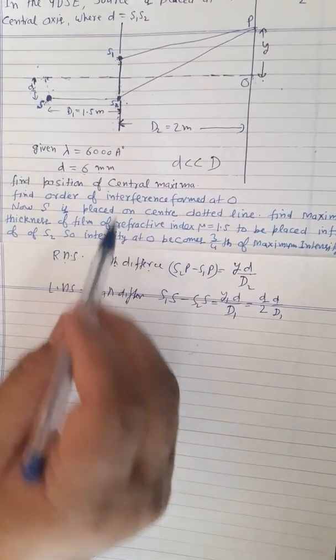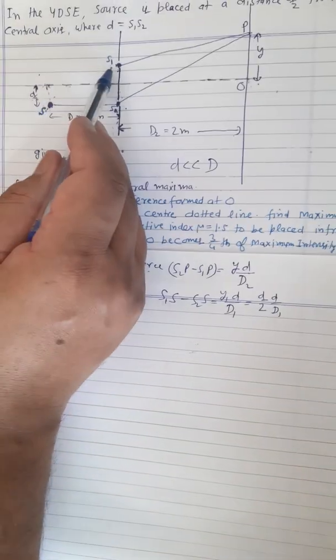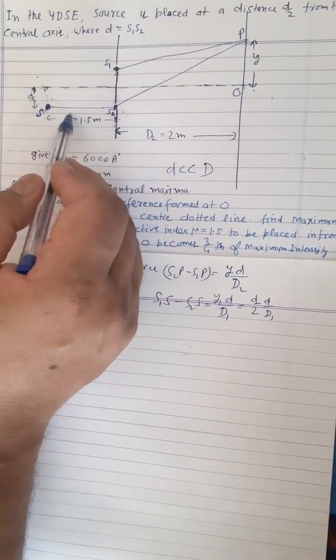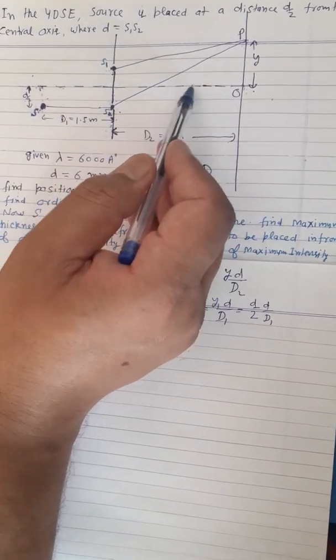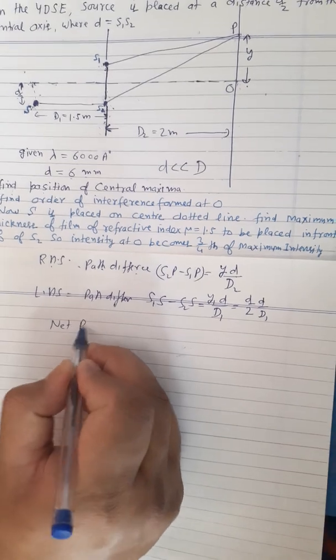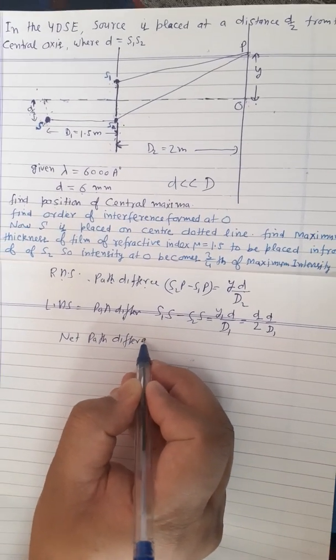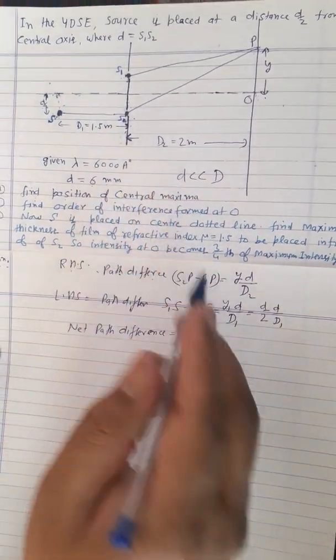On the right side, the path difference has S2 greater than S1. Here S1S is greater than S2. So this will shift downward and this will shift upward. The net path difference should be 0 for central maximum.